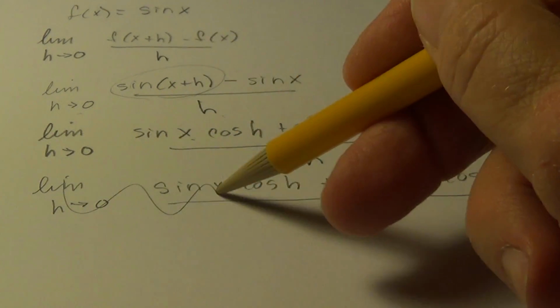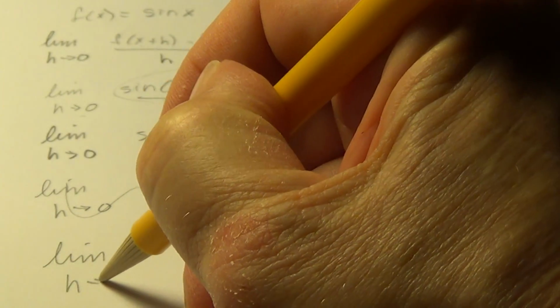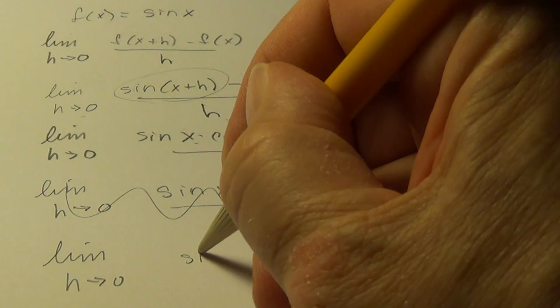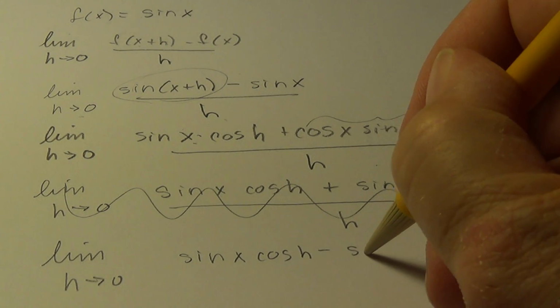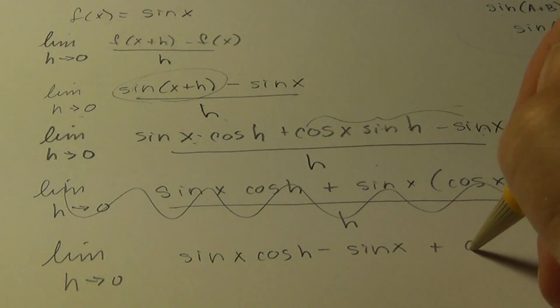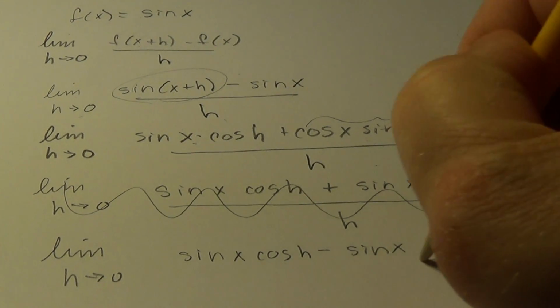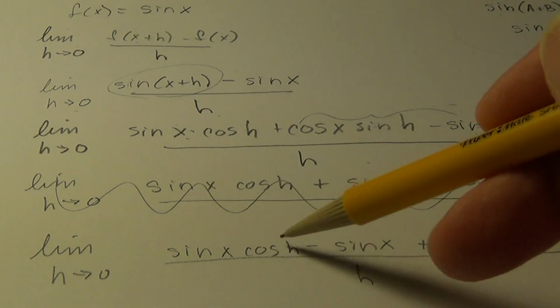So let's regroup here. And I'm going to put that next to that. Sine x cosine h minus sine x. Just reorder it. Alright, I'm going to take the sine x out of these two.